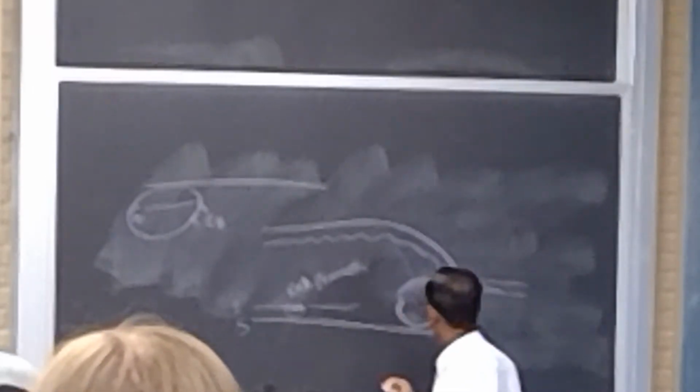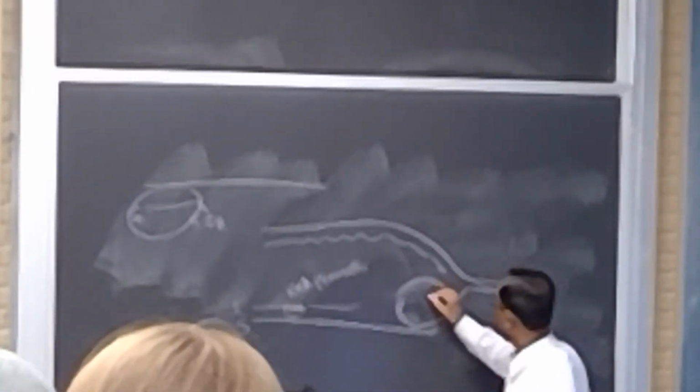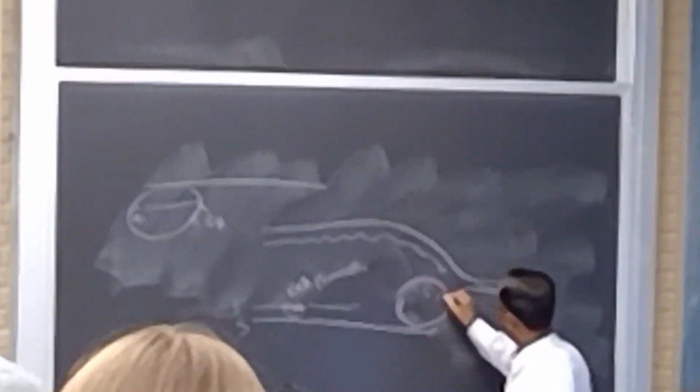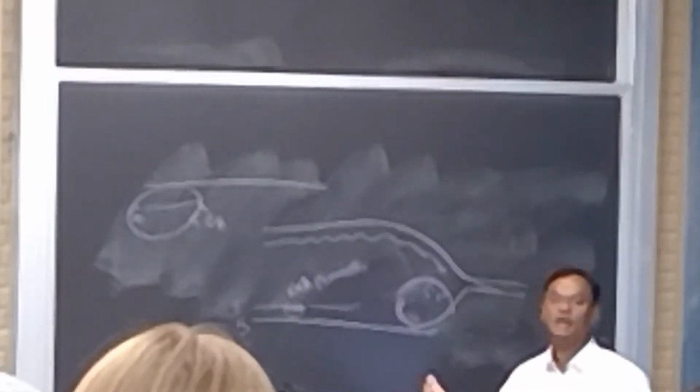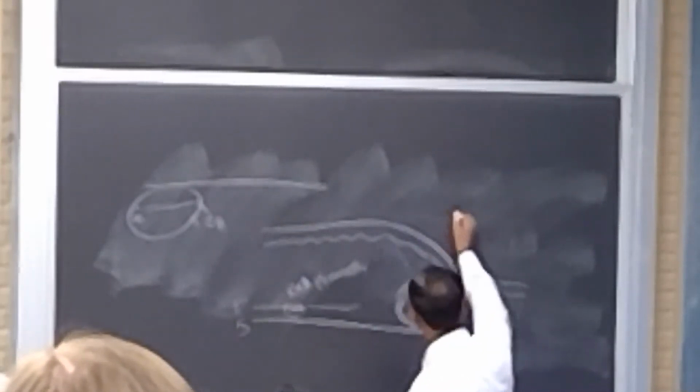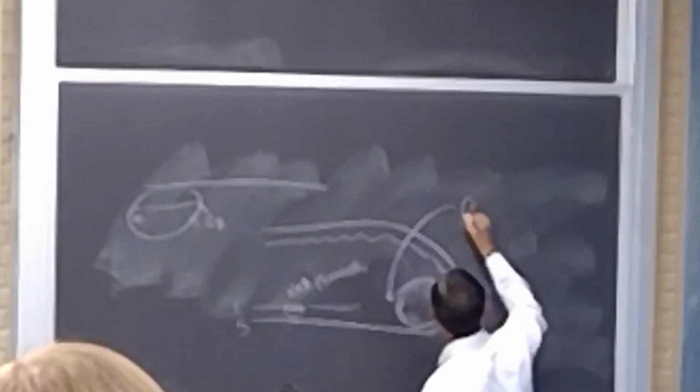Every time a new synthesis is taking place, at the 5 prime end, the starting primer is actually a short RNA. There is an enzyme called primase, which helps the synthesis of the RNA primer.